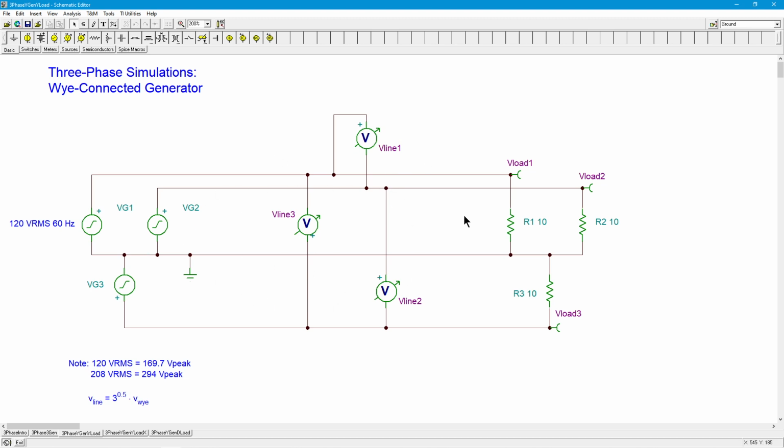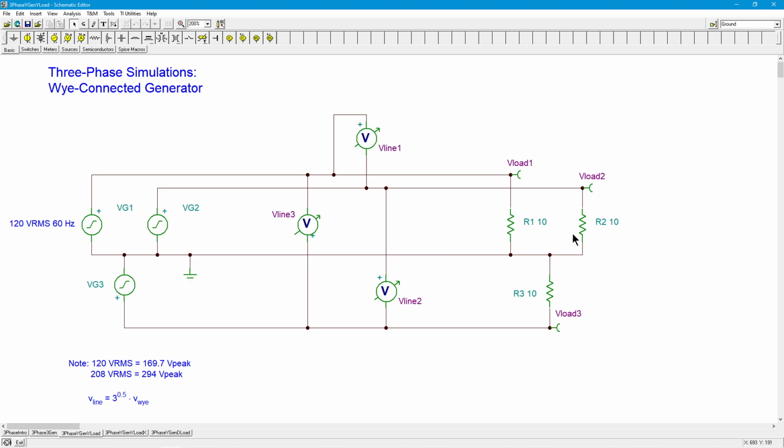Here's our basic YY configuration. It's the easiest one, the most straightforward one. It's really just 3 circuits if you think about it. If I was looking at phase 1 over here, this comes out, goes through load number 1, if you will, R1, which goes back to our ground. So you really have like 3 circuits. VG2 drives R2 and VG3 drives R3, and happy, happy, happy. So it's kind of easy to figure out if you're going to figure out powers and stuff.